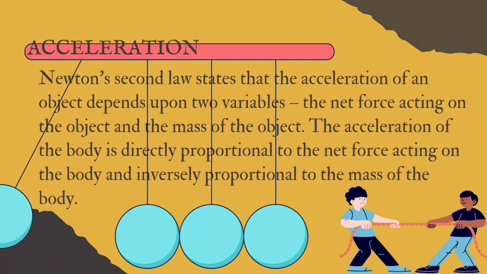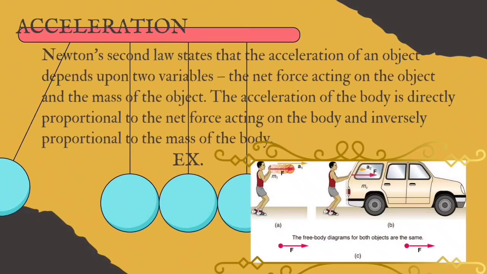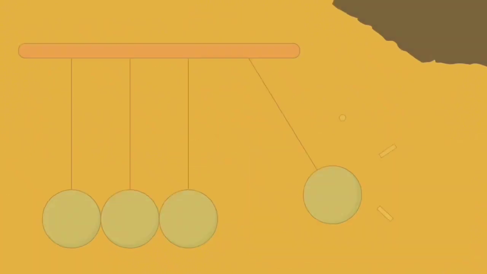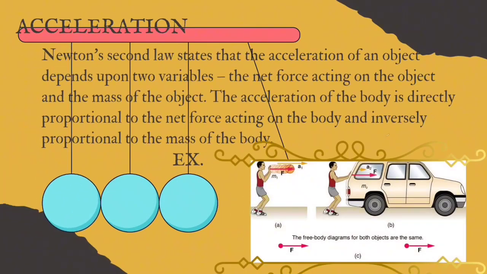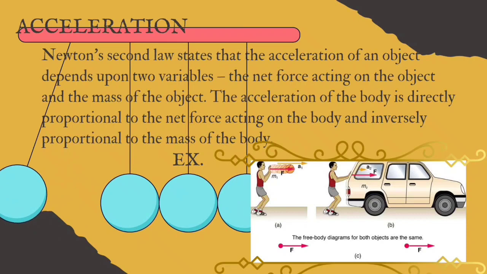And I've given an example of acceleration. In the first, a boy pushes the ball. Secondly, he pushes the car. When passing the ball, acceleration occurs as you apply force to the ball, changing its initial velocity to a higher or lower value.